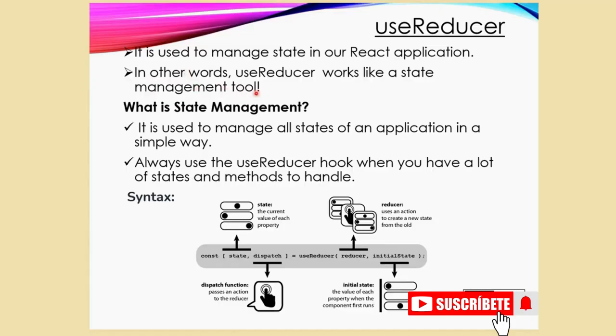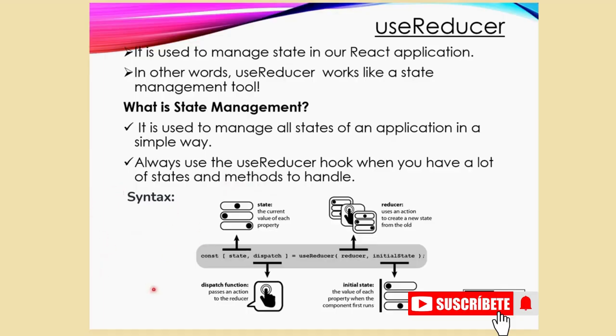What is a state management tool? It is used to manage all the state of an application in a simple way. Second point, always use the reducer hook when you have a lot of states and methods to handle.